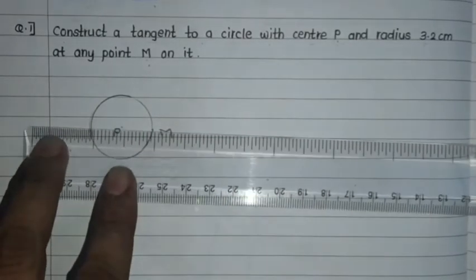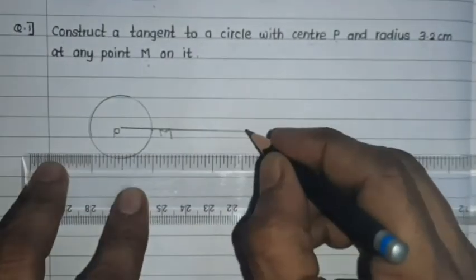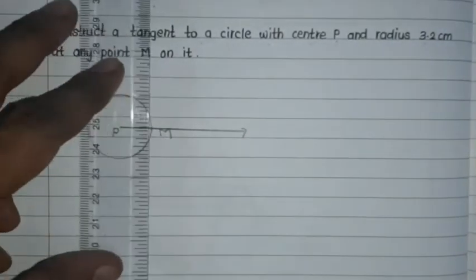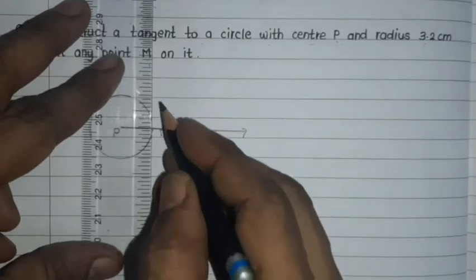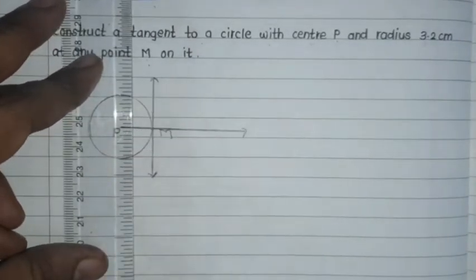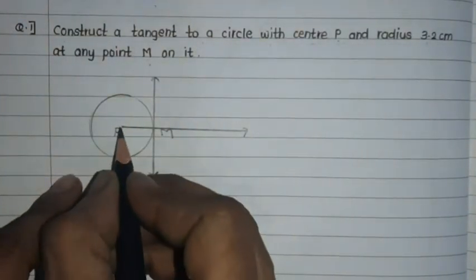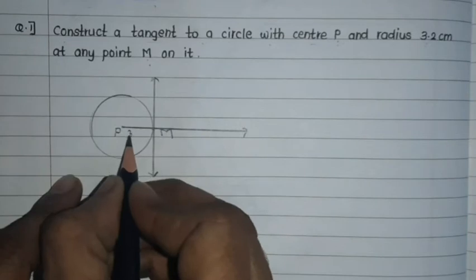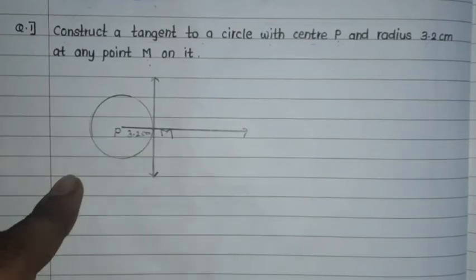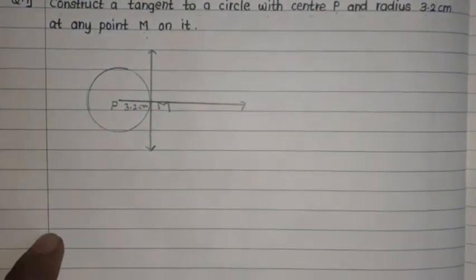All of you know that a tangent intersects the circle in one and only one point like this. Passing through this point M we draw a tangent like this. Got it? This is the analytical figure. The radius of the circle is 3.2 centimeter.